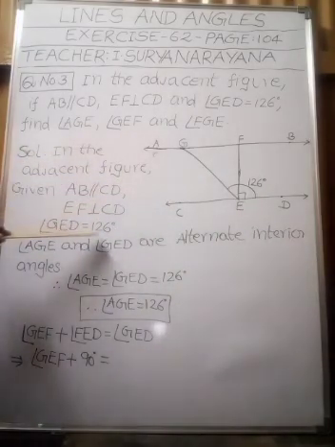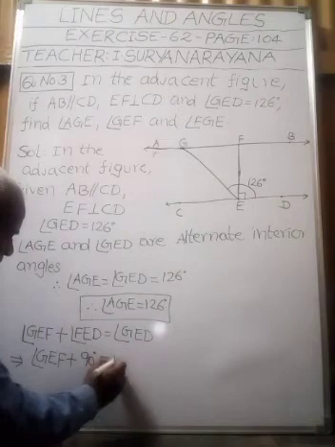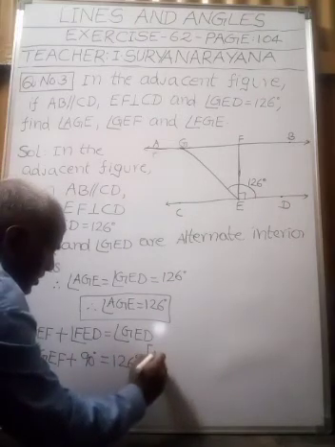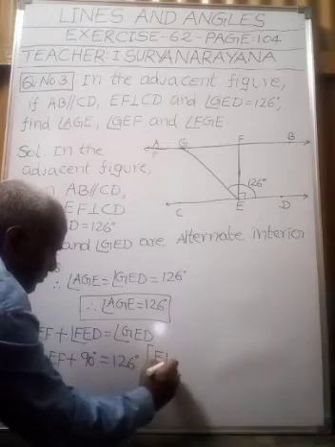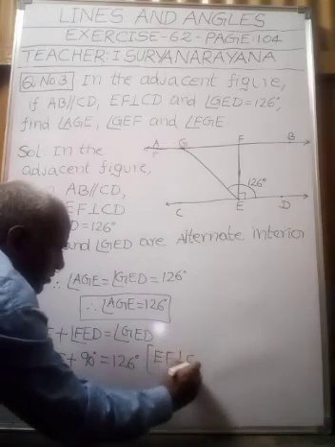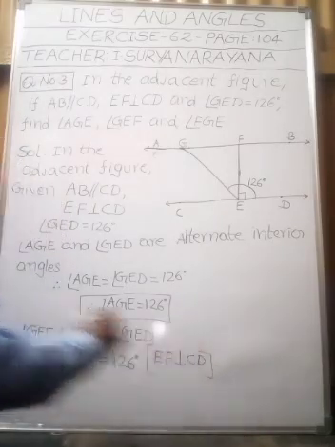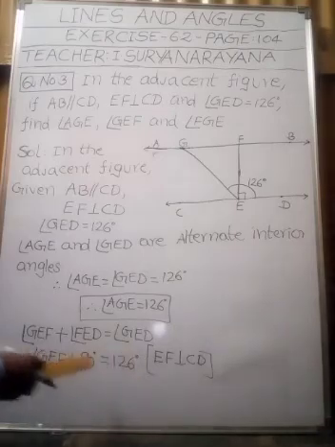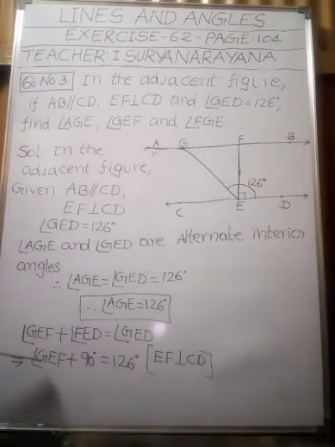Angle GED is 126 degrees. Because here EF is perpendicular to CD, so angle FED is written as 90 degrees. Understood this step, my dear children? Right. From this equation we find angle GEF.